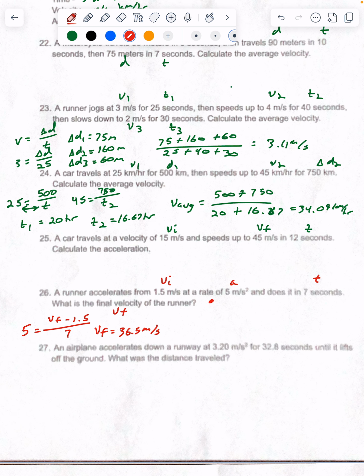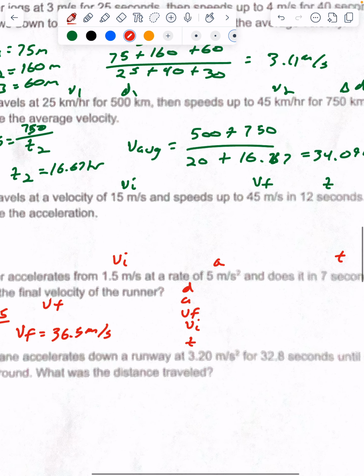Or you could set up the whole, in my class we call it DAVIT, so D, A, VF, VI, T. I'd plug in VI is 1.5, A is 5, T is 7, and we're looking for VF. That's your question mark. Whichever one they don't mention, we just draw a line through. When you're looking at your formula sheet, we give you those 5 equations in this order specifically.